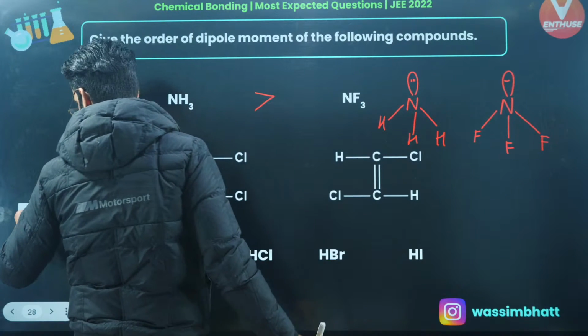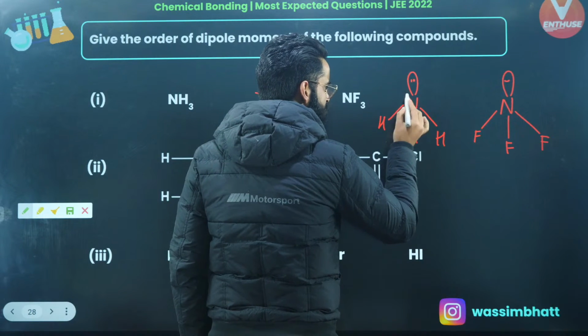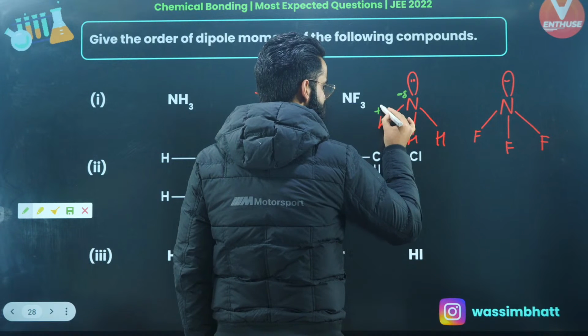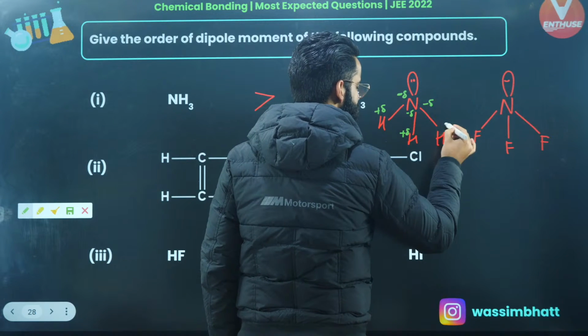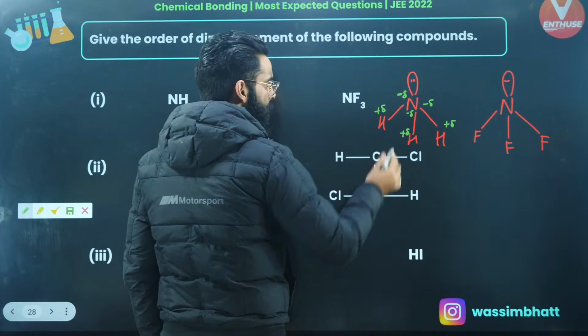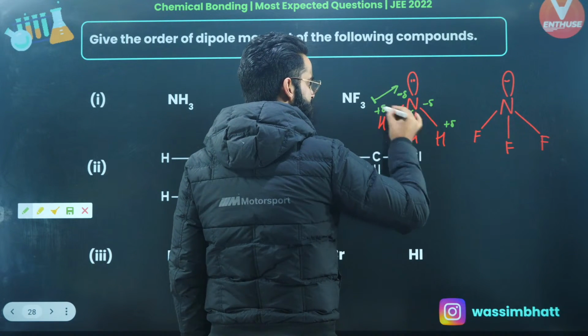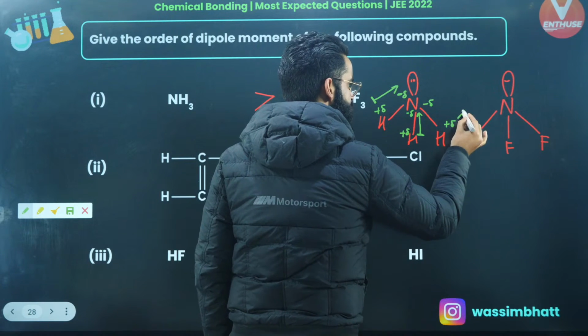Perfect. Now guys, have a look. Nitrogen is more electronegative than hydrogen, due to which the electron density will lie towards nitrogen. So this is delta negative, this is delta positive. Again, this is delta negative, again this is delta positive. So over here, the dipole moment will be in this direction, positive to negative in chemistry. Positive to negative from here, positive to negative from here.